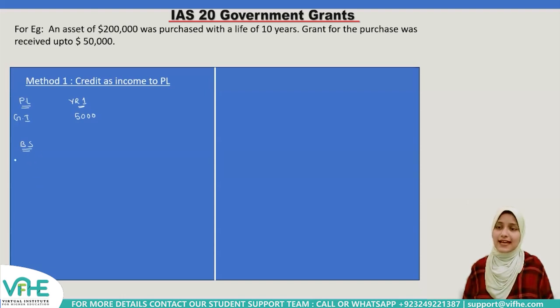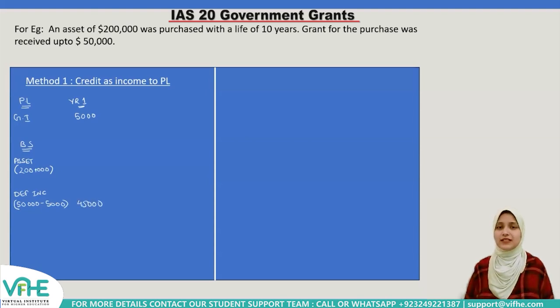On the asset side, you have an asset with a cost of 200,000, and on the liability side, you have a deferred income of about 50,000 less 5,000, which is 45,000.